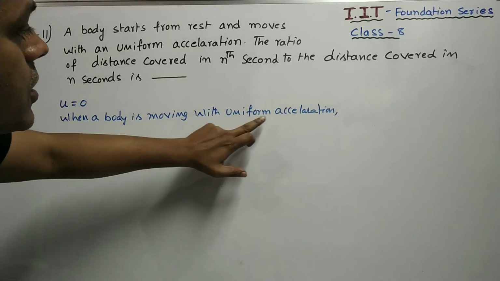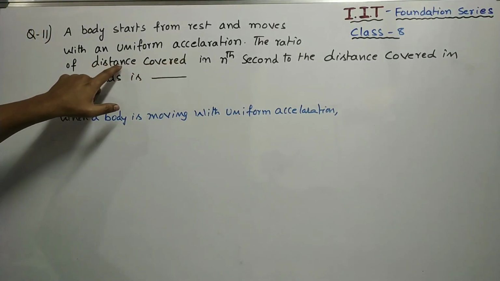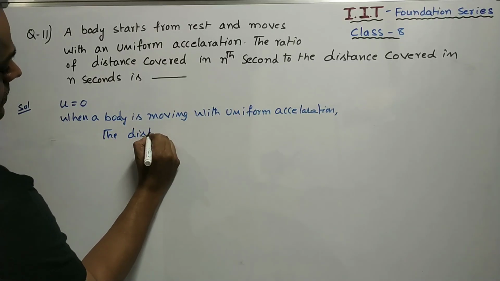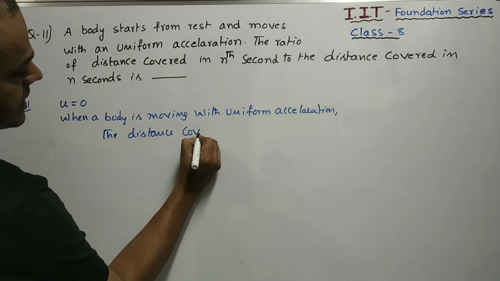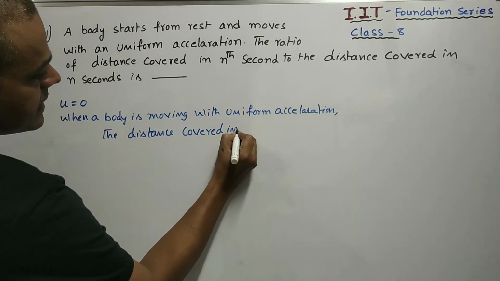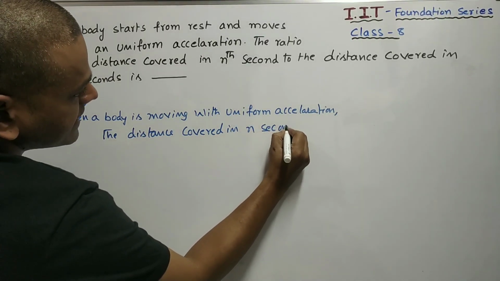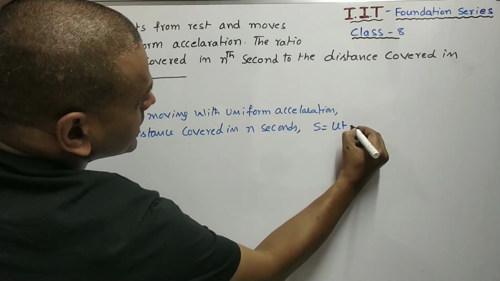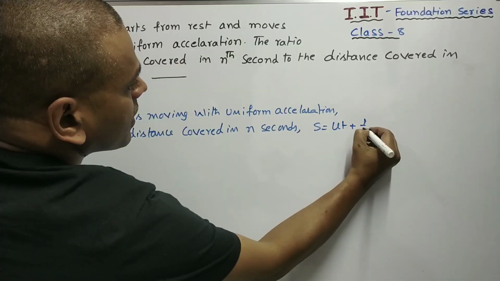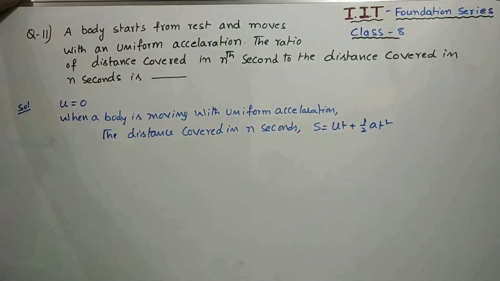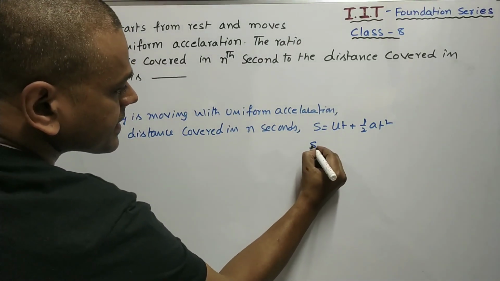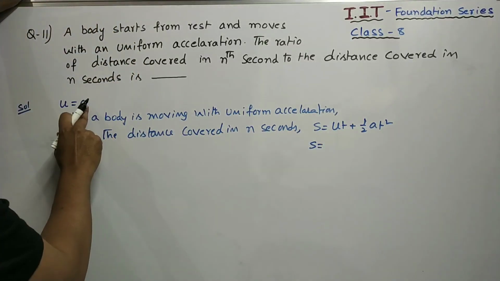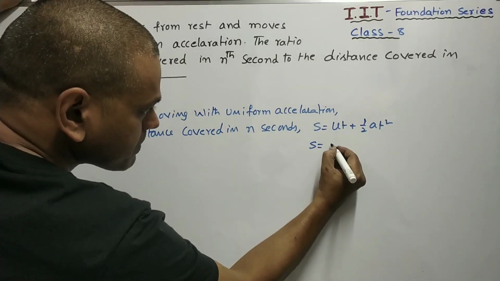When a body is moving with uniform acceleration, the distance covered in n seconds is obtained from s is equal to ut plus half at square. Here, u is equal to 0, because the body starts from rest, so 0 into anything is 0.